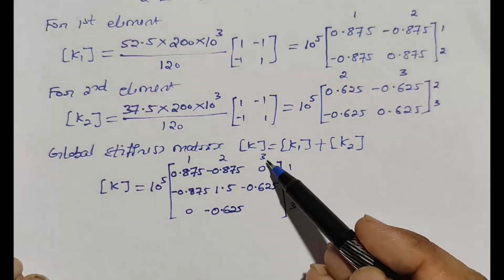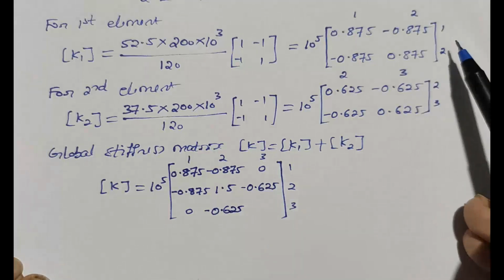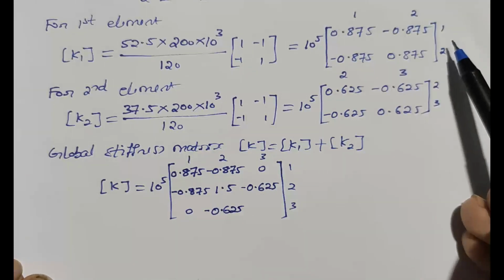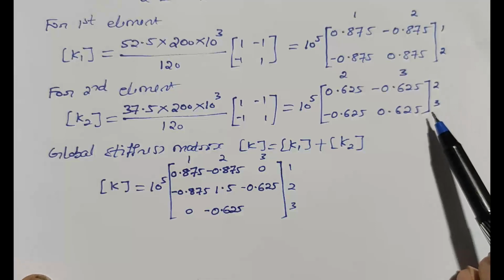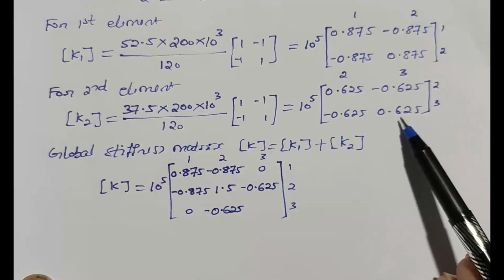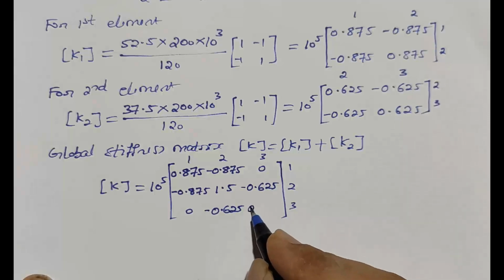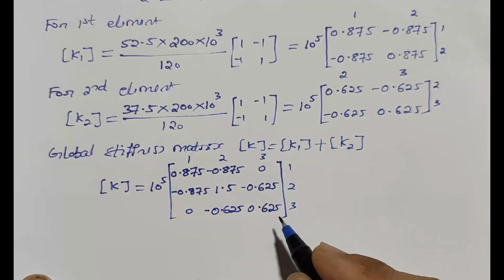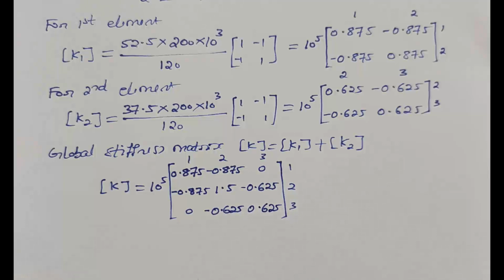Next, the element corresponding to 3 and 3. In K1 we don't have any element corresponding to 3 and 3, but in K2 the element corresponding to 3 and 3 is 0.625. So here 0.625. This is the global stiffness matrix.